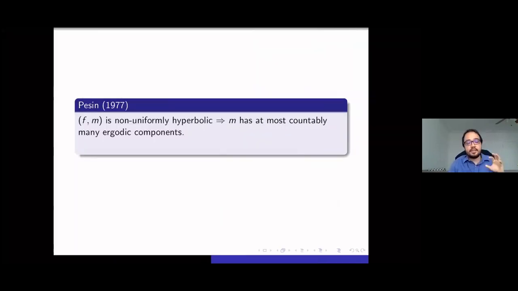So Pesin in that same paper from 1977, which I'm not sure if I mentioned that before, proves the following. If volume is non-uniformly hyperbolic, and if you have C2 regularity, then volume can have at most countably many ergodic components. The proof of this uses this generalization of Hopf type of argument to the non-uniformly hyperbolic setting.